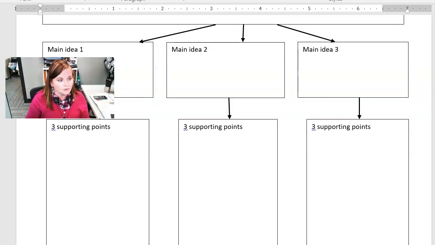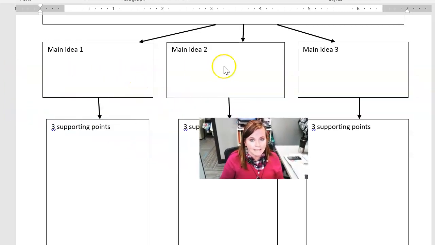So the first thing you're going to do is come up with 3 main points that you're going to be addressing in your paper, the 3 main ideas that your paper is going to be about. And you're going to write them in boxes main idea 1, main idea 2, and main idea 3.